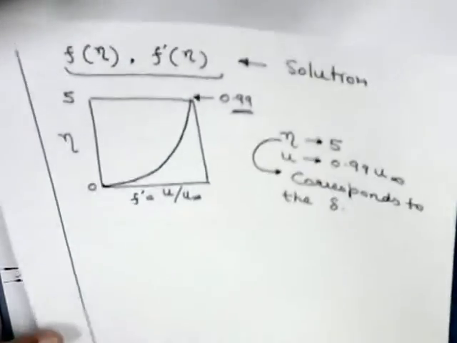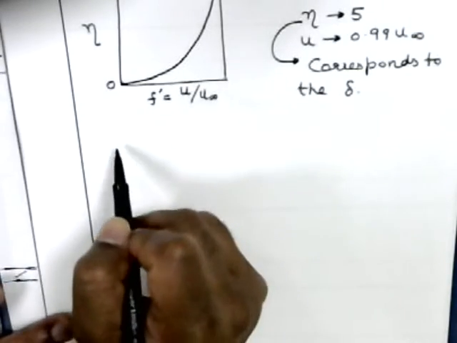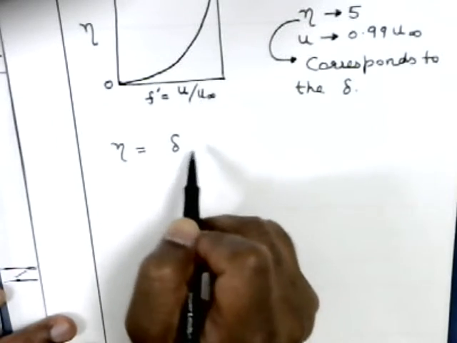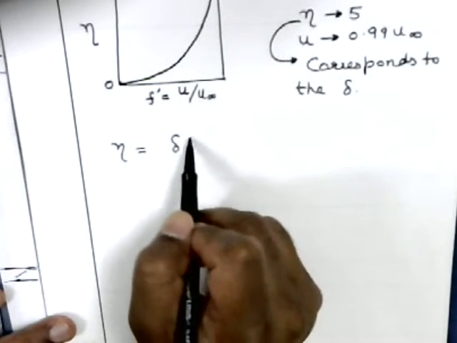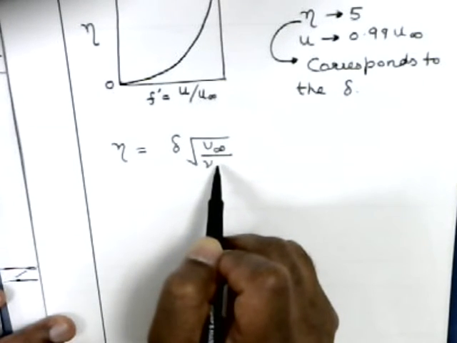And this eta was actually delta times square root of u infinity over mu x.